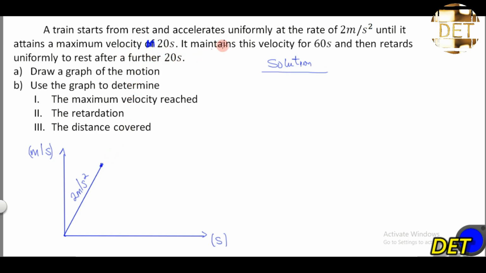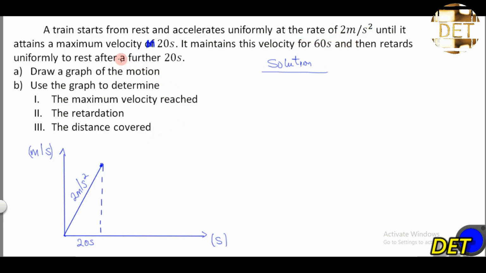So it accelerated for 20 seconds until it attains a maximum velocity. So the time that was taken for it to accelerate uniformly and attain that maximum velocity is 20 seconds, right? It maintains this velocity for 60 seconds.